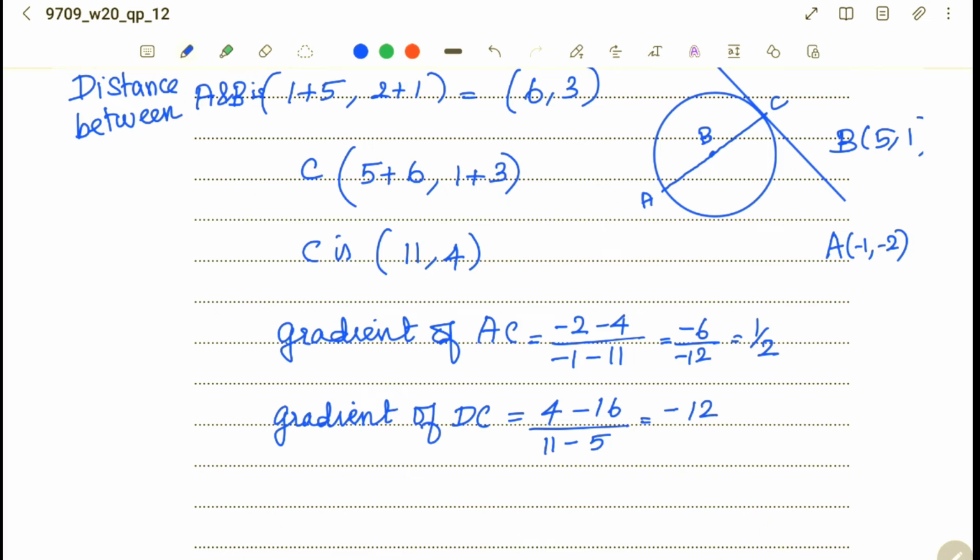Minus 12 divided by positive 6, which is equal to negative 2.